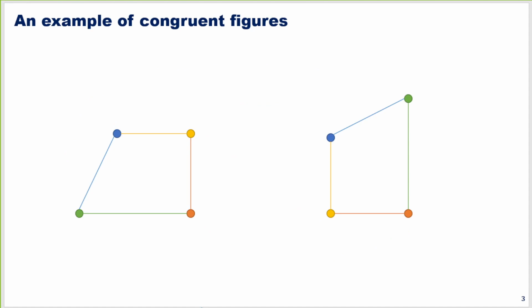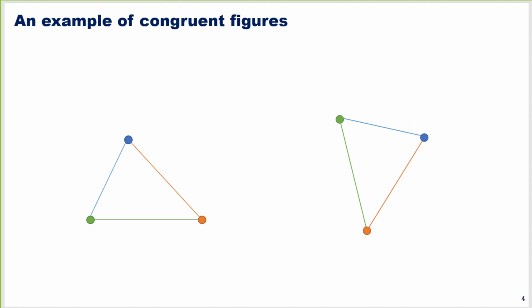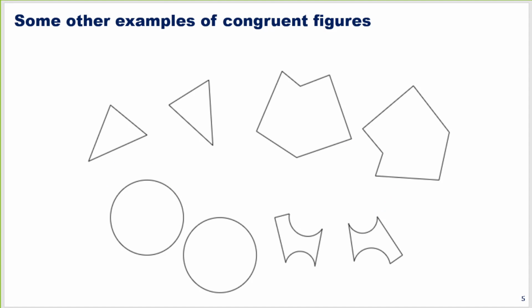And similarly, let's have a look at another example. These two triangles are exactly the same as each other, so they are also congruent figures, right? And here are some other examples.